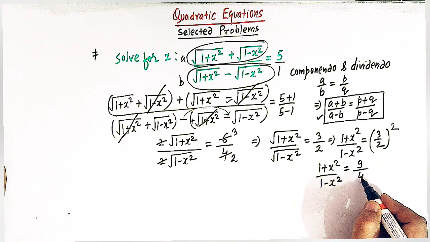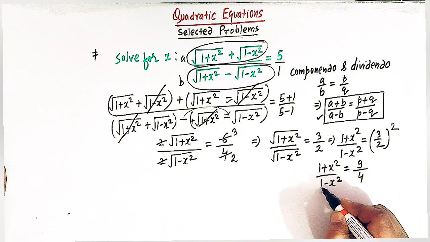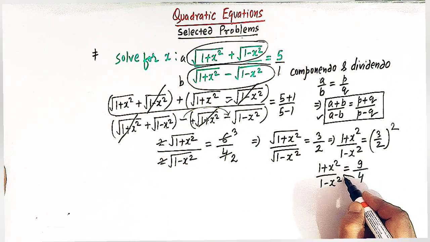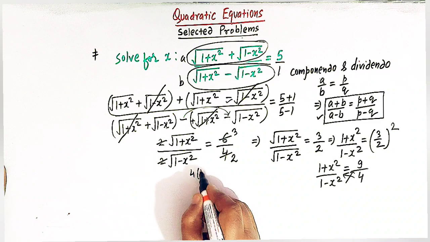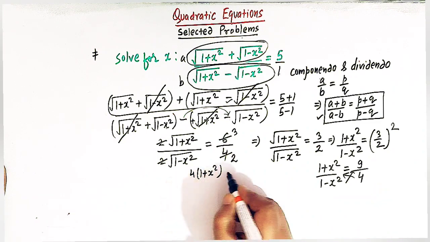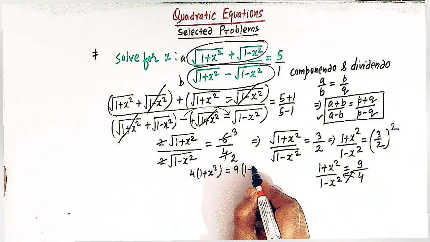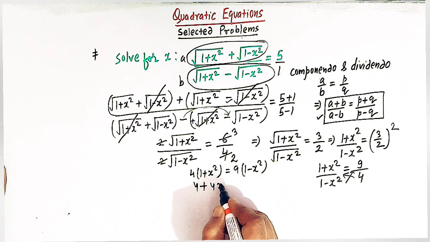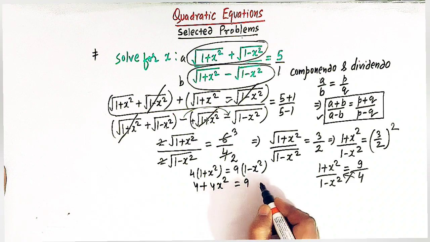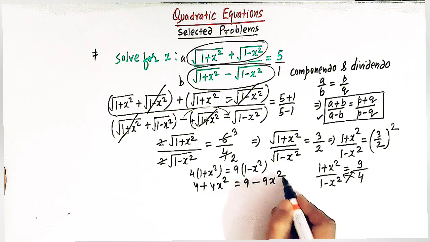Now cross multiplying, we have 4 times (1+x²) and 9 times (1−x²). So this is 4 + 4x² equals 9 − 9x².